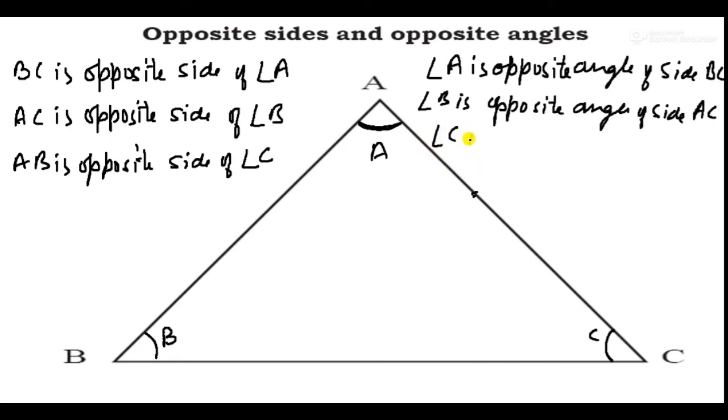Now angle C is the opposite angle of which side? Where is C? This one, it is AB. So you have to learn these properties of the triangle whenever you want to solve problems of triangles.